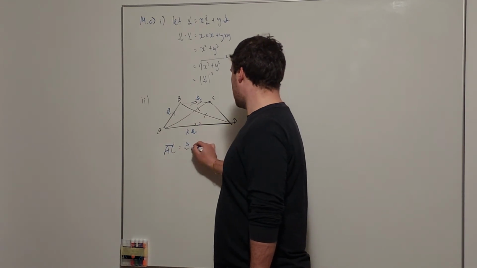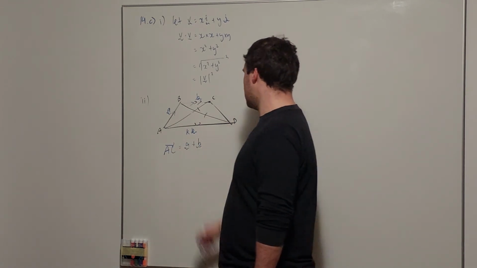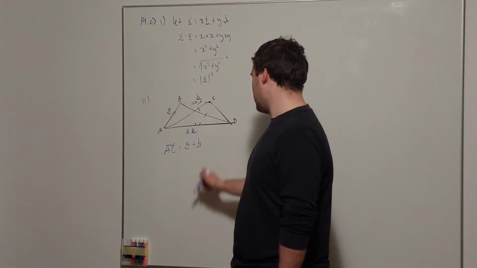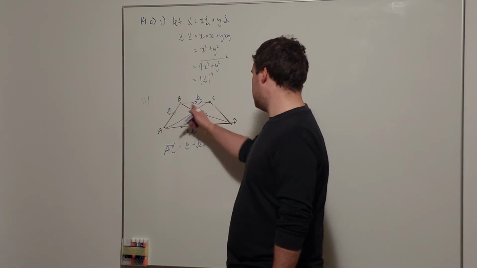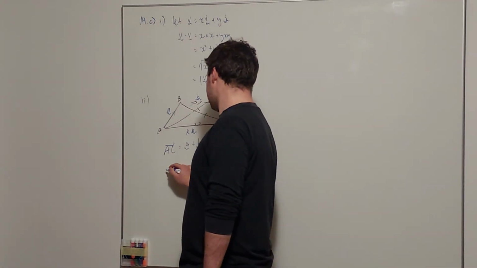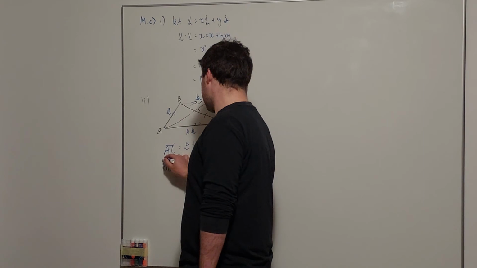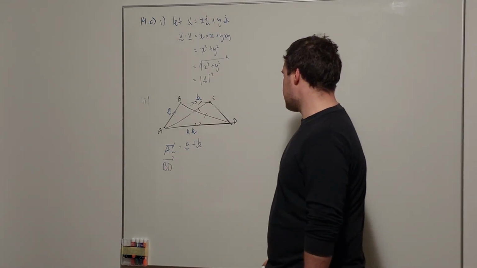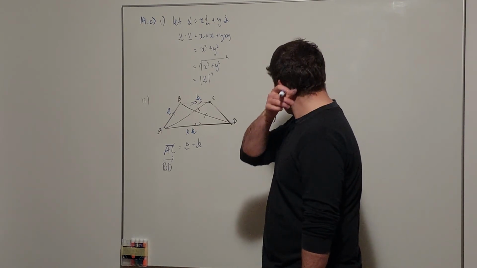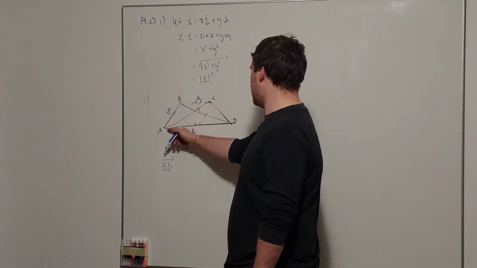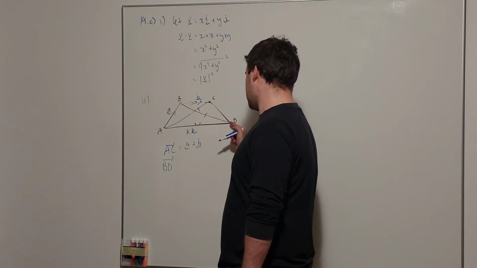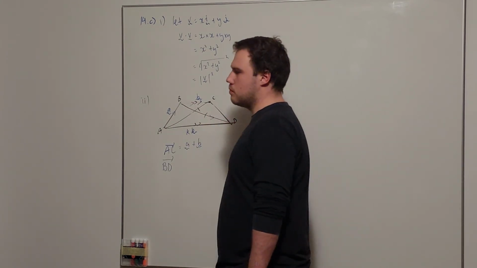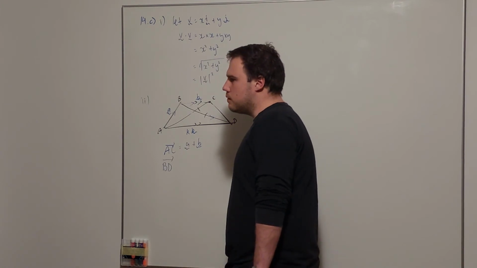And then we've got BD, which is going to equal, we've got a and kb, but we're going BD, I believe.